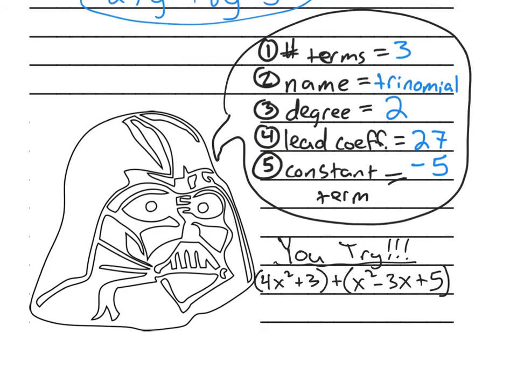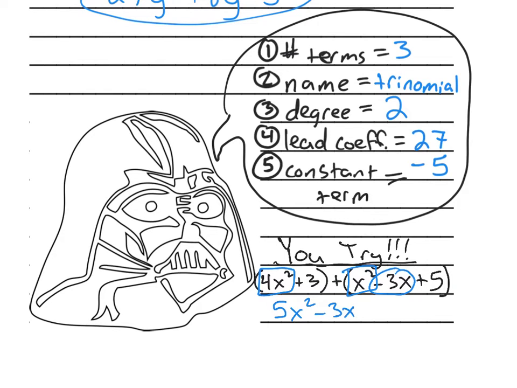I'm going to do this problem using matching terms of the horizontal method. My biggest x power is 2x squared. I see 2 of them, a 4x squared and a positive 1x squared. Those combine to make 5x squared. After x to the 2, I would have x to the 1, and there's only one of those. That's negative 3x. So minus 3x.